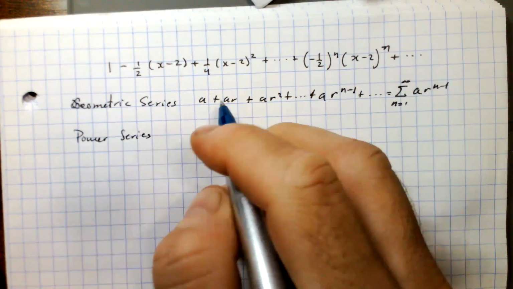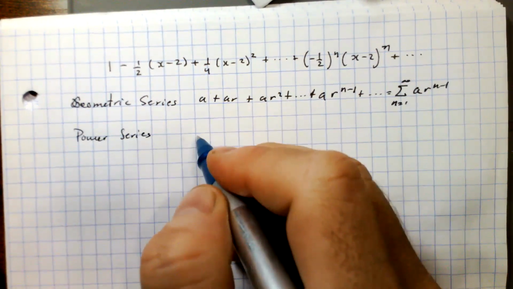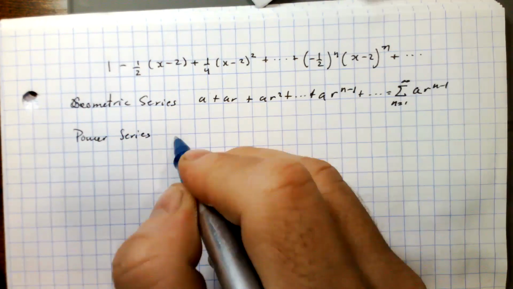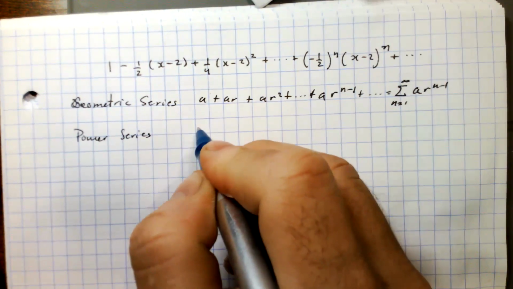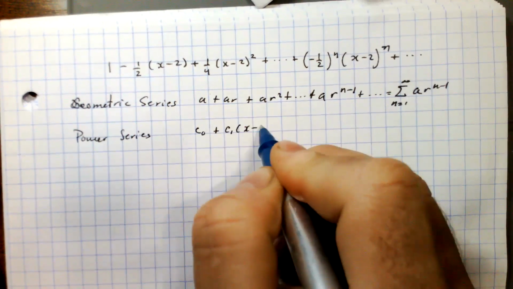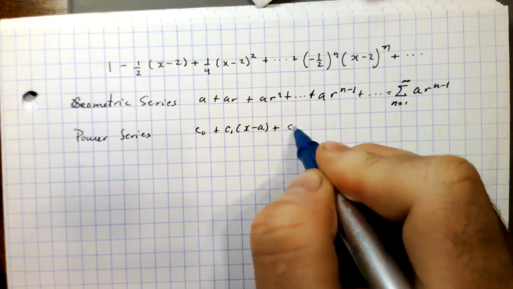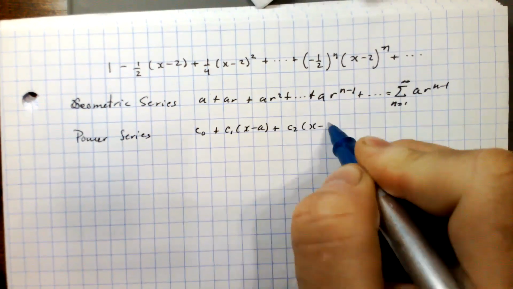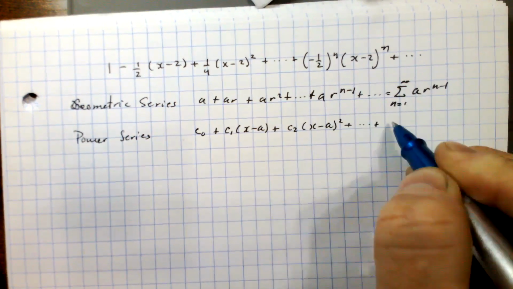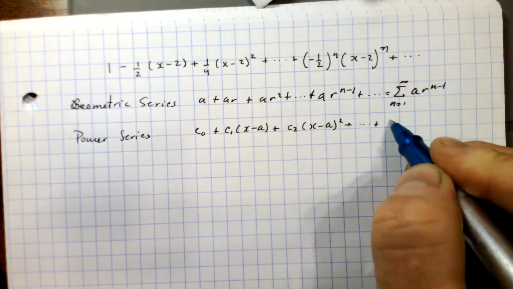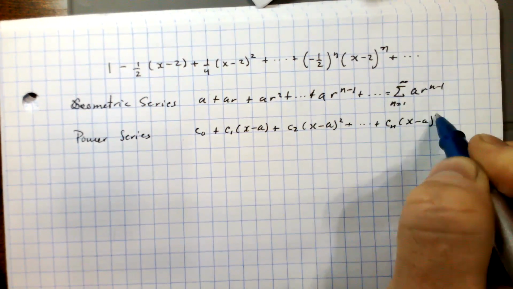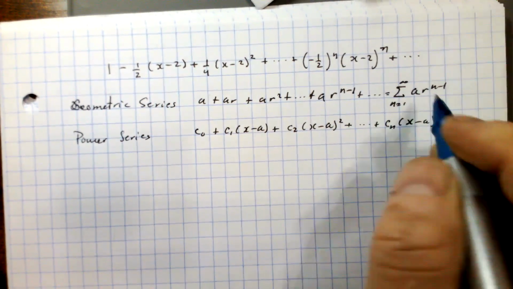which we gave in the beginning of the notes, the power series looked like c0 plus c1 (x minus a) plus c2 (x minus a) squared plus dot dot dot plus cn (x minus a) to the n plus dot dot dot.